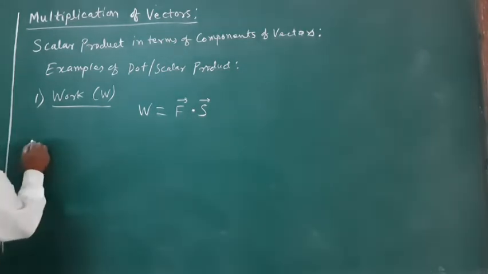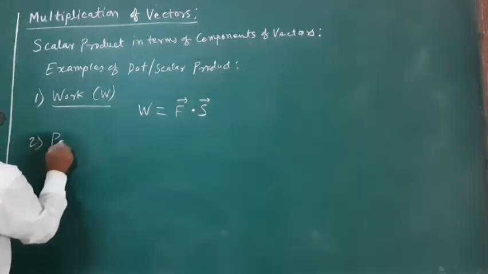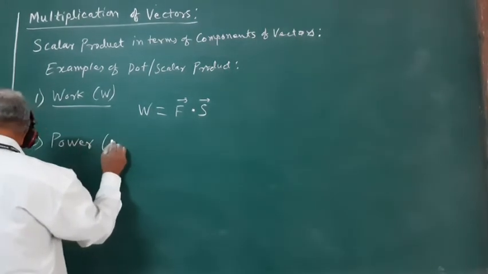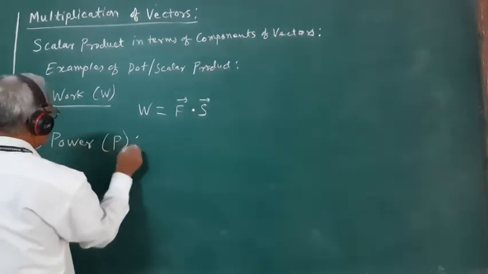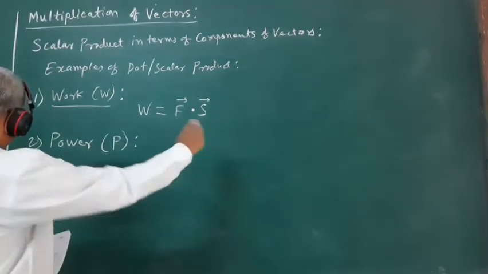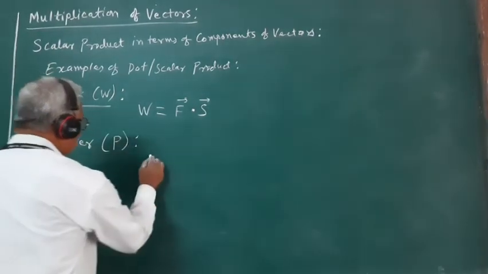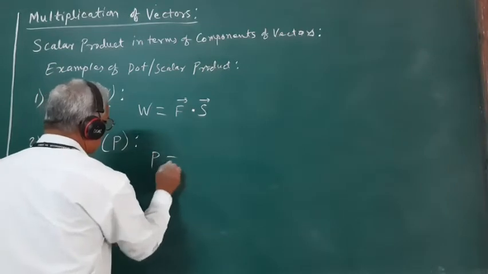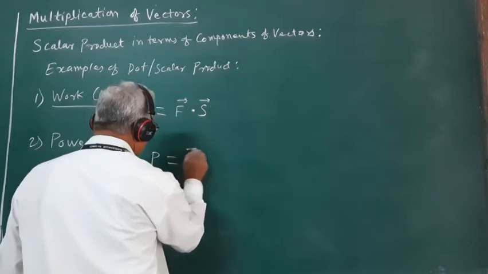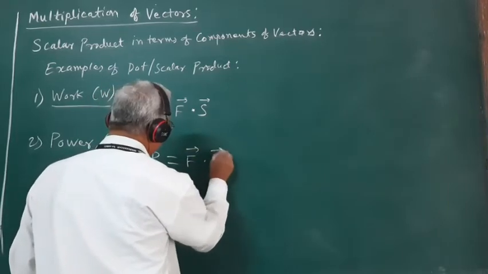Then the second example is the power. The power is represented as P. The mechanical power is expressed as P equal to the dot product of the force and velocity.